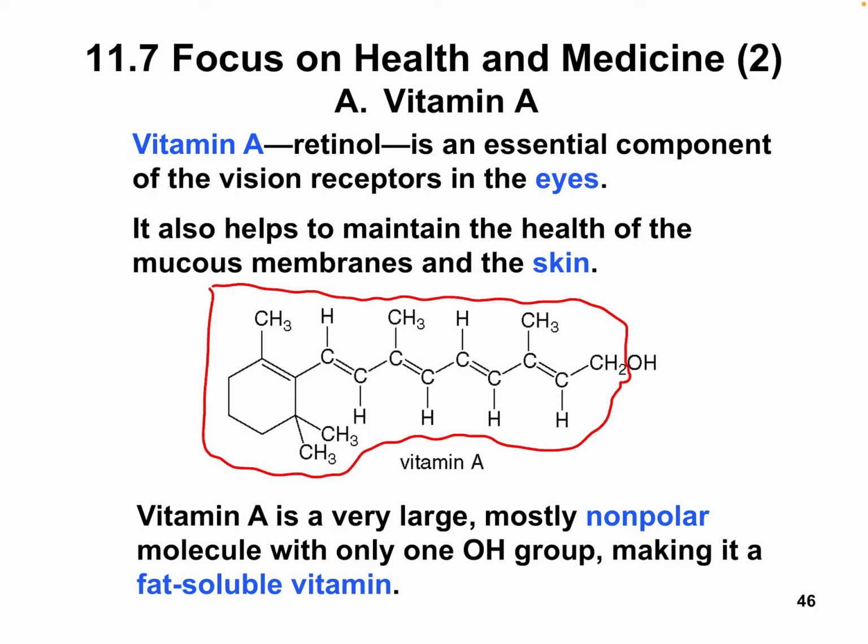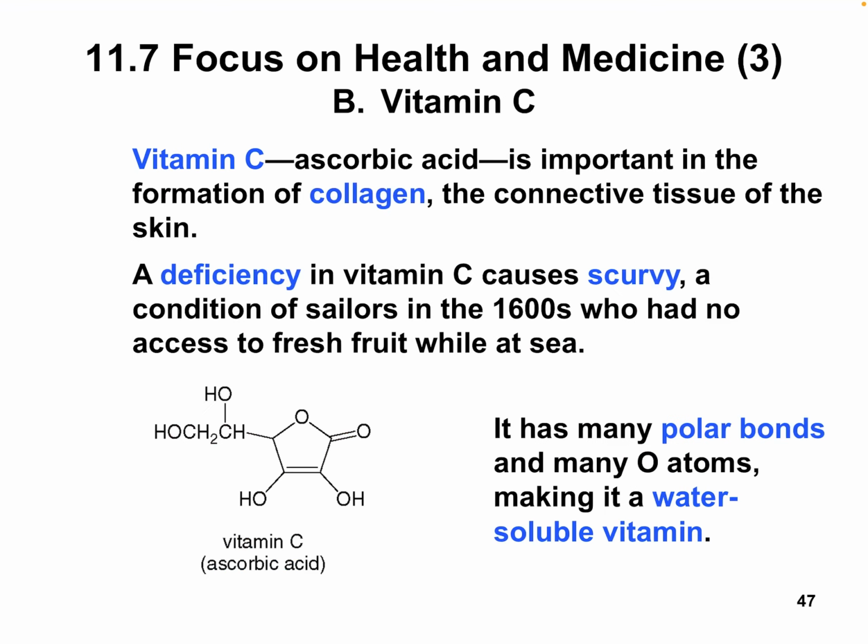The only part of that entire large structure with any polar bonds at all is right there at the end. So on the whole, we would say that vitamin A is very nonpolar. So nonpolar molecules like vitamin A dissolve well in nonpolar fats. So we say that vitamin A is a fat-soluble vitamin.